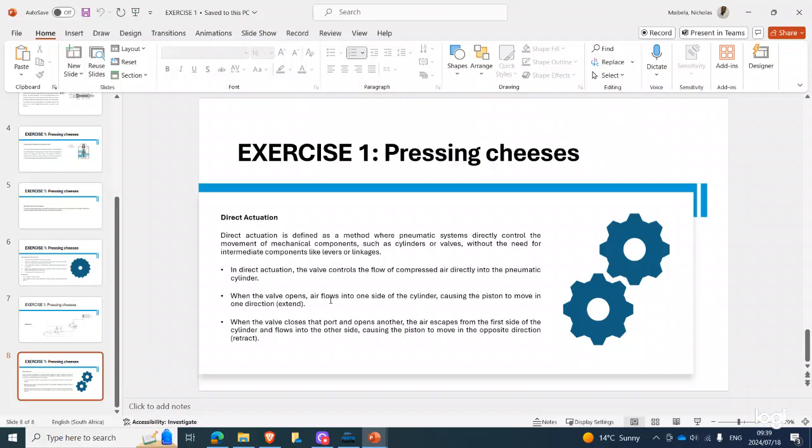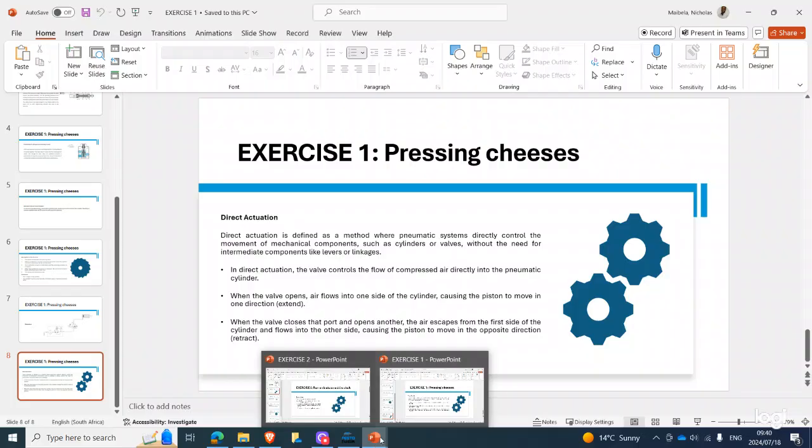When the valve opens, the air flows into one side of the cylinder, causing the cylinder to extend. When the valve closes, the air escapes from that side and flows into the other side, causing the piston to retract. Basically, now you should be getting the idea of direct actuation.